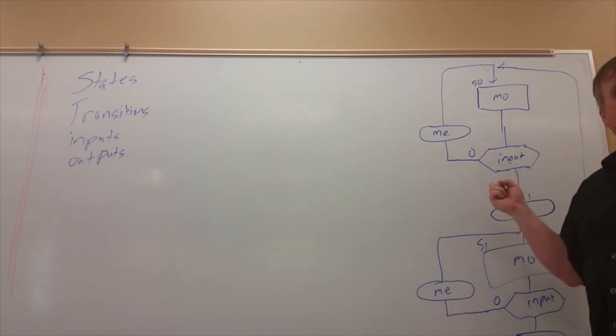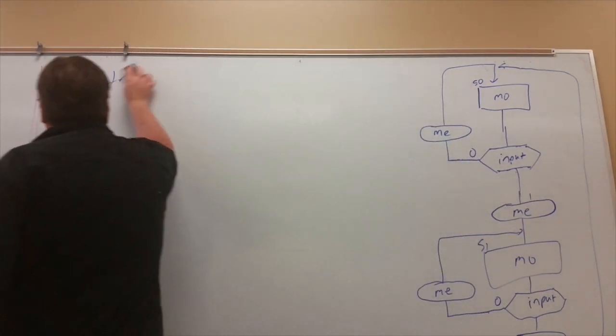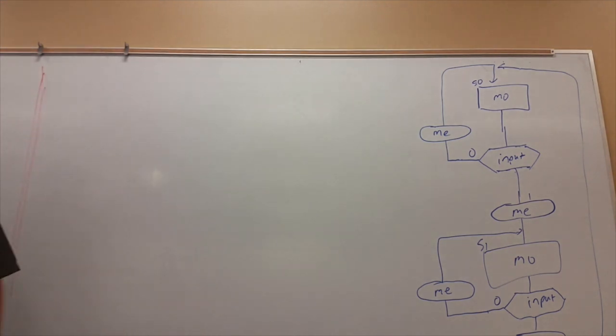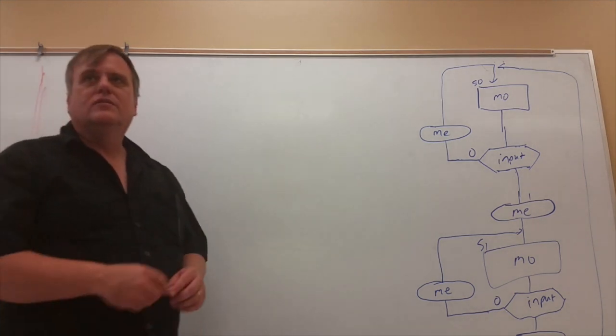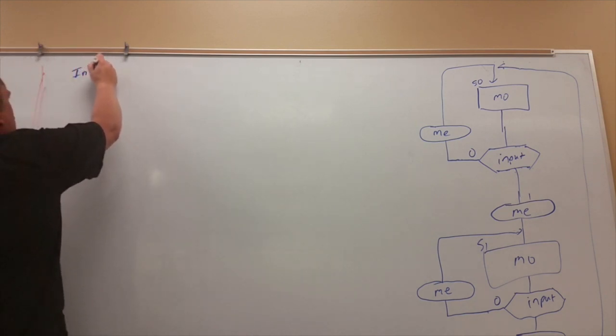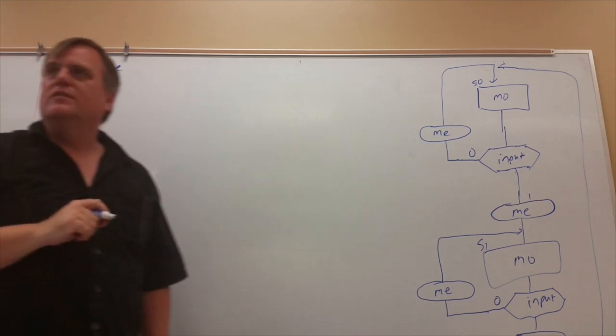Make sense? Okay, let's turn this into code. What would we do? You have to initialize it. That's your first case. Okay, so we're going to have to initialize. What am I initializing? That's state variable.